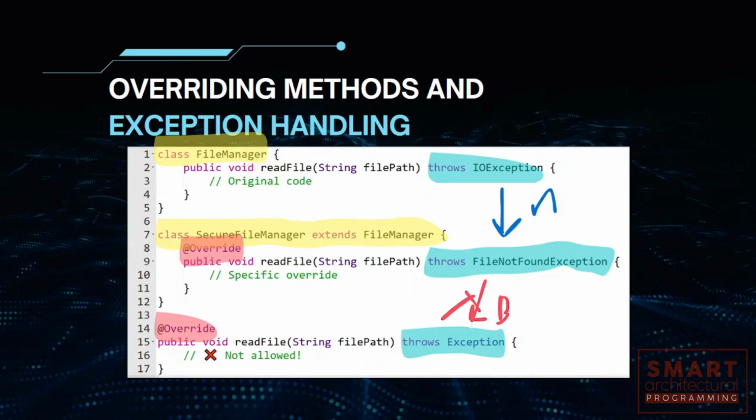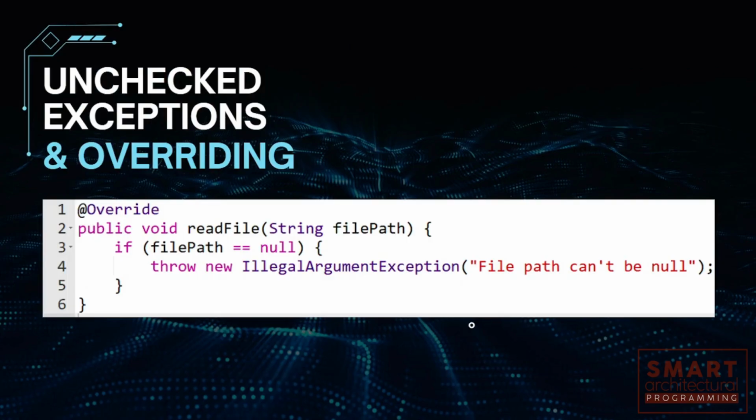Based on that, let's explore unchecked exceptions and overriding. What about unchecked exceptions like NullPointerException or IllegalArgumentException? These are runtime exceptions, and Java doesn't require you to declare them, like that principle I mentioned earlier. If you look at the code base here, this is perfectly fine because unchecked exceptions are not part of the method signature contract.